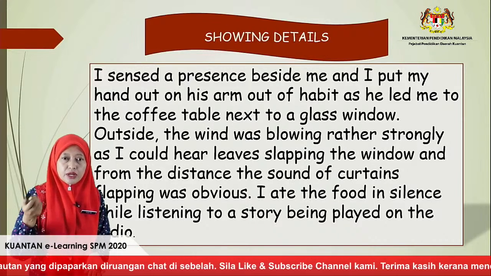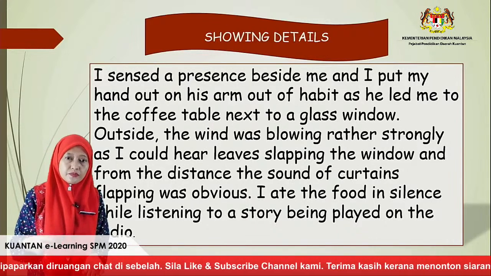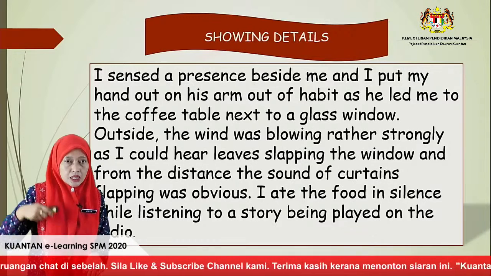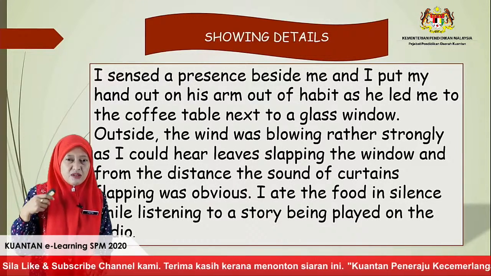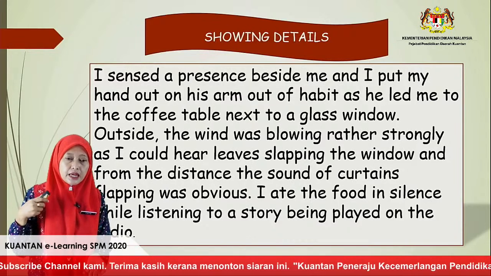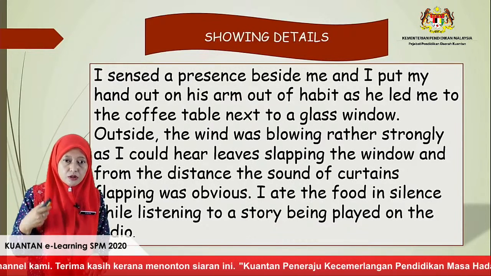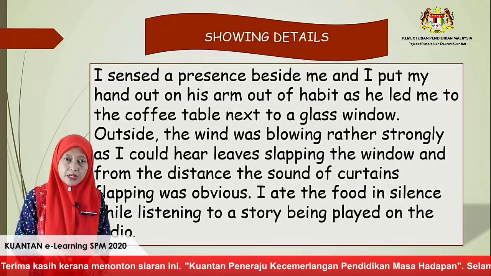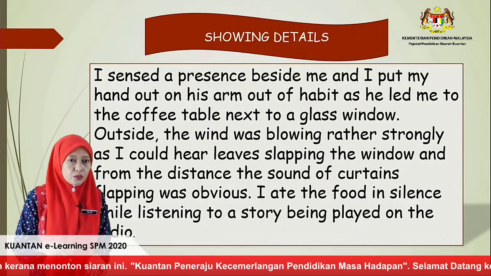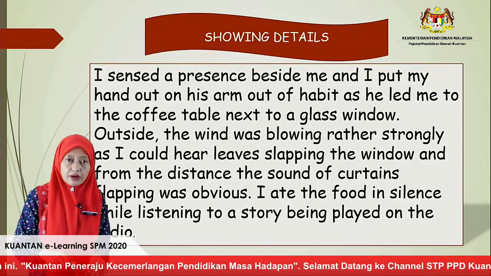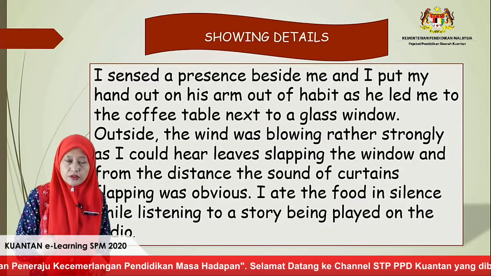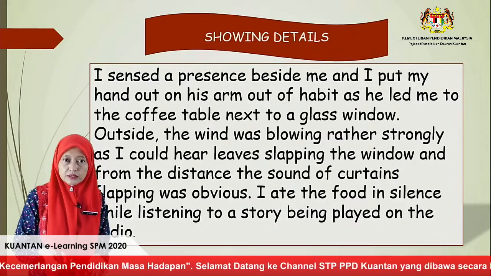But you create all the details to let your reader be triggered a bit, to let your reader imagine all the details and come to a conclusion about that particular character without straightforwardly telling them that the character was blind. So that is showing details, okay?